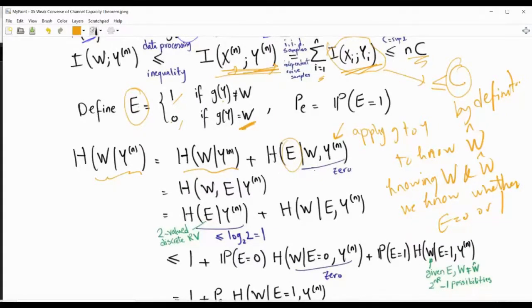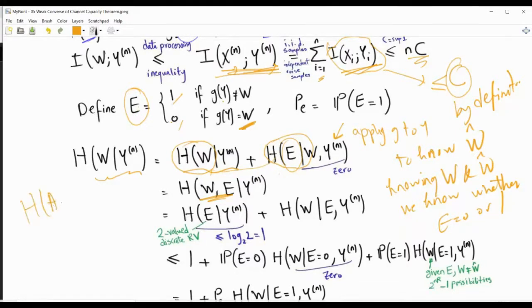If they are the same, E is 0. If they are different, E is 1, and you are done. So this is 0. Okay, so here is the thing. Given Y, you have here H of W, and here H of E given W. These can be written in terms of the joint, and then you can rewrite the joint in a different way.